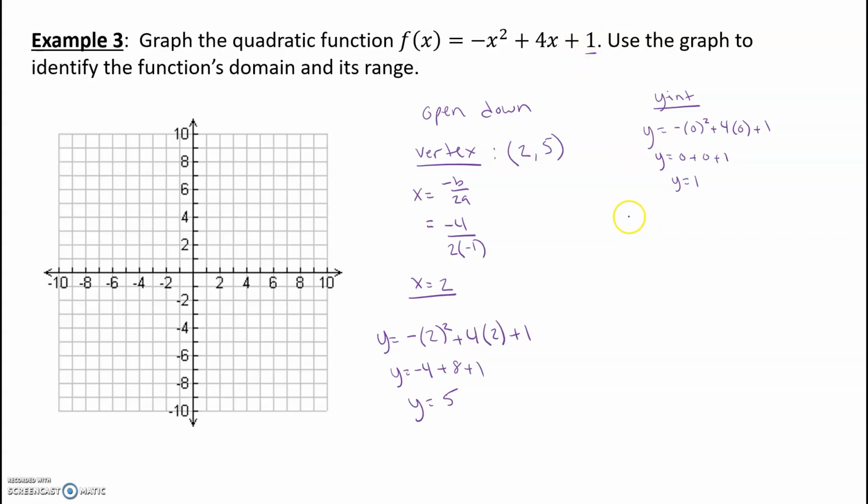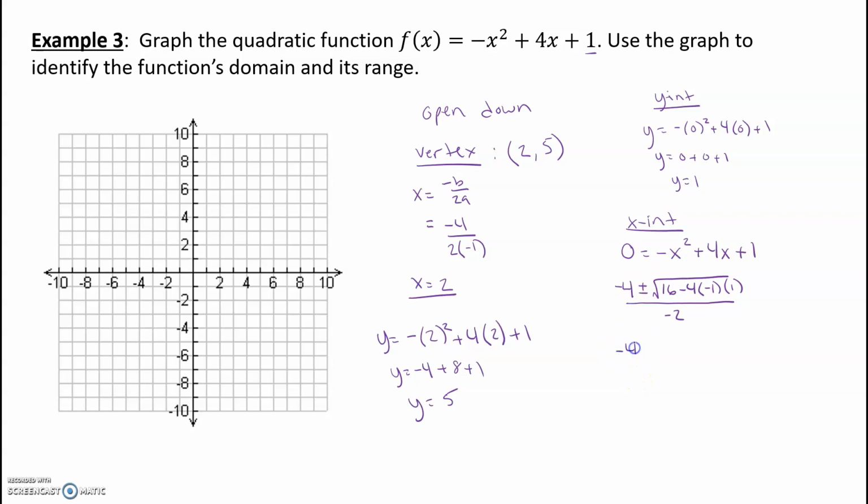Alright, the x-intercept. This one's tougher as well. So we're plugging in 0 for y. I'm going to go ahead and use the quadratic formula on this. The quadratic formula is the opposite of b plus or minus the square root of b squared minus 4 times a times c, all over 2 times a, which will be negative 2.